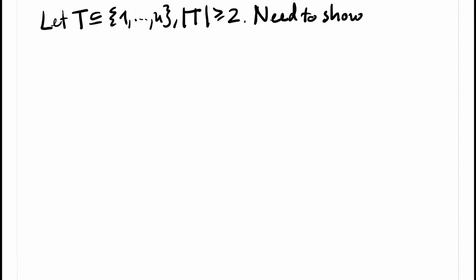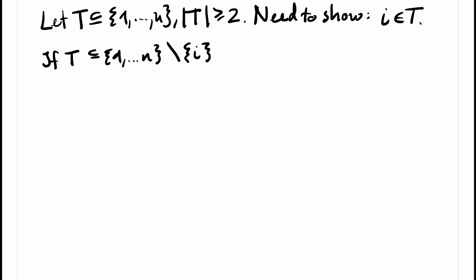To prove the lemma, let T be a set of indices of size at least 2. It suffices to show that the index i from the claim is contained in T, because then f is the semi-projection that returns that ith argument whenever any two of its arguments are equal. We first consider the case that T does not contain i.